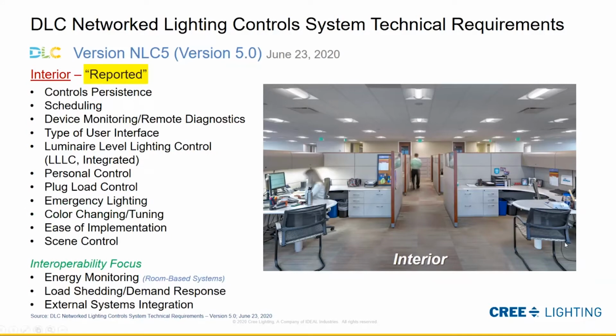So now we get into the reported items, the nice to haves. These are defined as, there's controls persistence. Which really just means that as a gateway or whatever control system is controlling a group or an individual luminaire, that connection is severed.